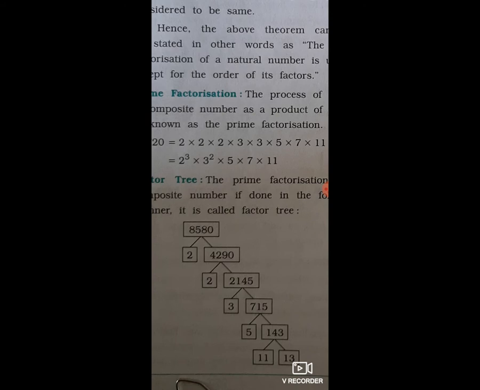Next step, 715, when we factorize, we get 5 times 143. 143 is also a composite number, and factorizing this, finally we get 11 and 13. So, the factors of 8,580 are 2 times 2 times 3 times 5 times 11 times 13.